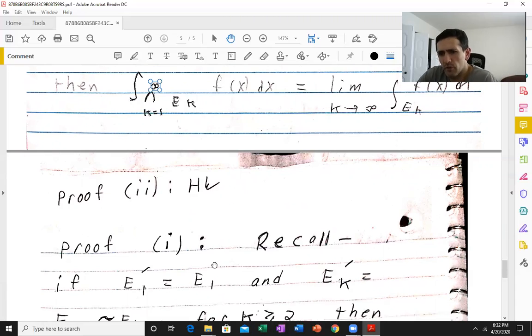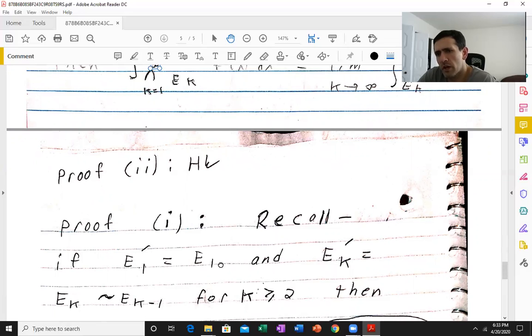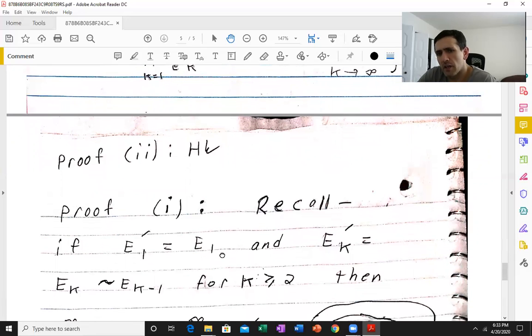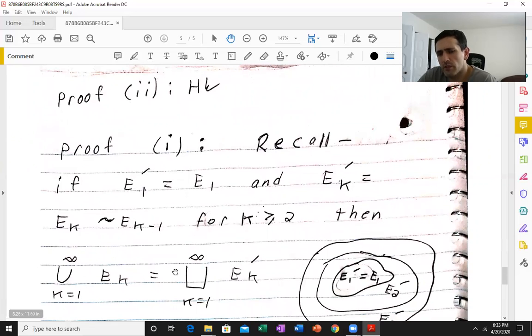So we do that disjointification process. Because these are ascending, we can define E1 prime to be E1 and EK prime to be EK take away EK minus 1 for K bigger or equal to 1. If we do that, the unions are the same, except that these are disjoint.